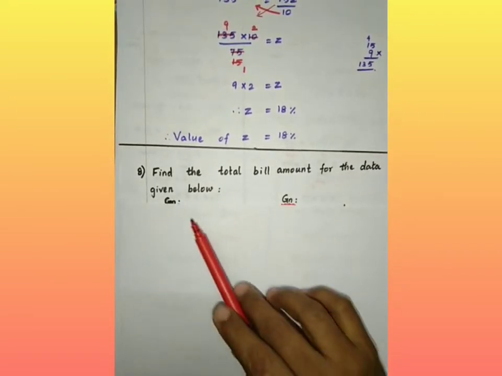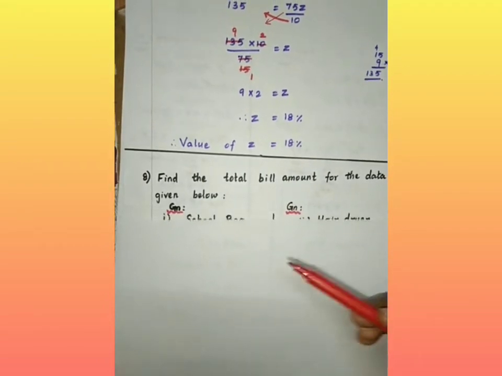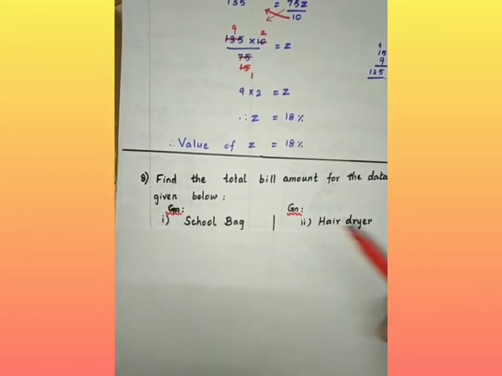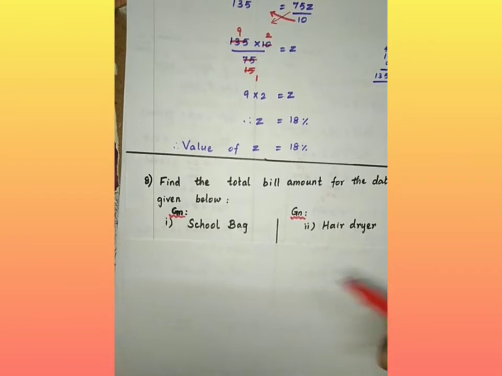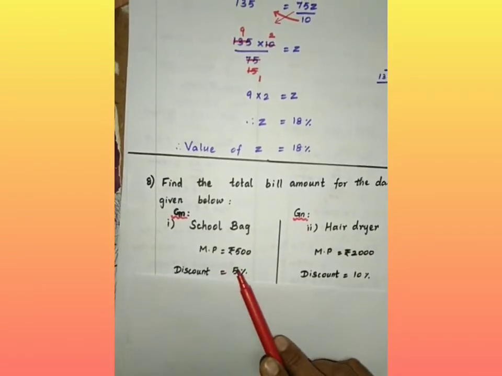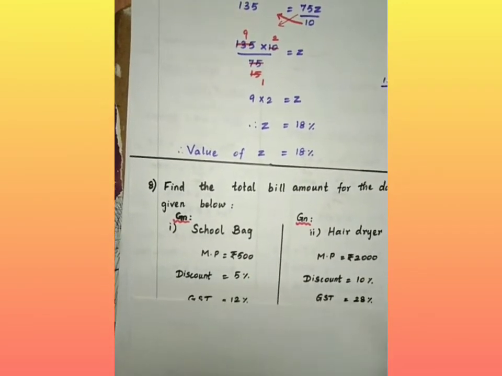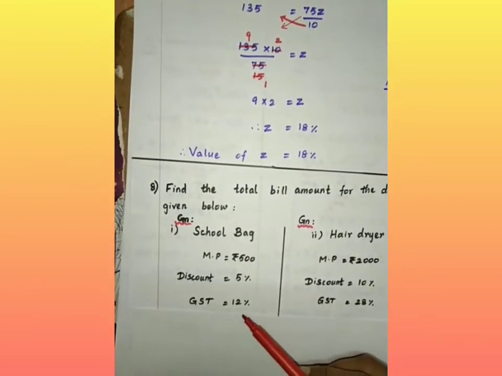Eighth problem. Find the total bill amount for the data given below. Two items are given: one is a school bag and one is a hair dryer. The given values are: MP is rupees 500 for the school bag, discount is 5% and tax is 12%.